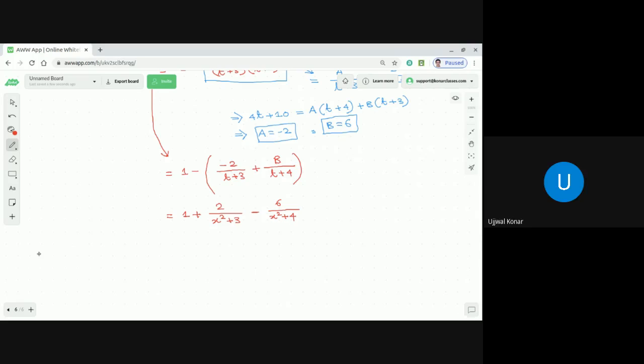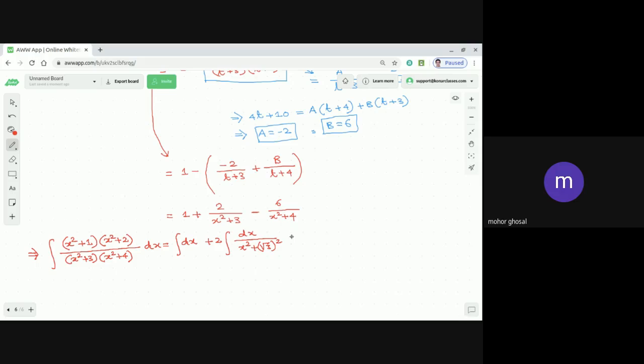So we can say now this implies the entire integration, x square plus 1 into x square plus 2 divided by x square plus 3 into x square plus 4 dx, becomes integration of dx plus 2 into integration of dx by x square plus root 3 whole square, correct or not?